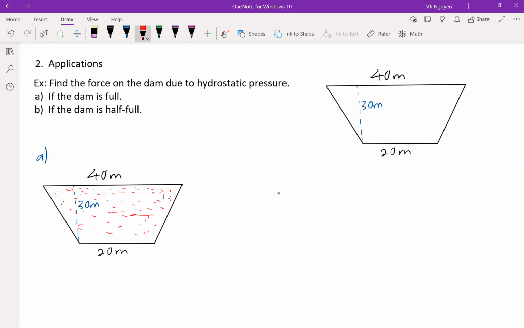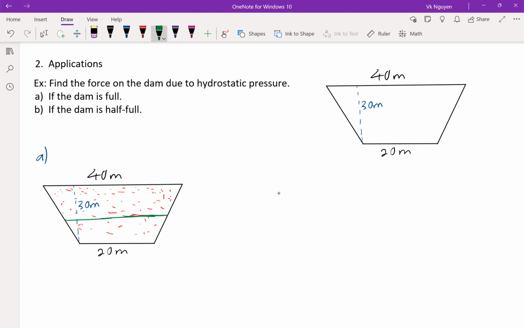That is a trapezoid-shaped dam with the two parallel sides, one at 40 meters, the other one at 20 meters, and at a height of 30 meters. So in order to calculate the force on the dam, notice that the pressure varies with depth. So we've got to figure out the force on a sample strip. Let me sketch a sample strip here.